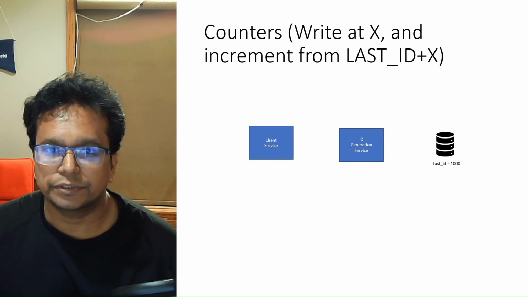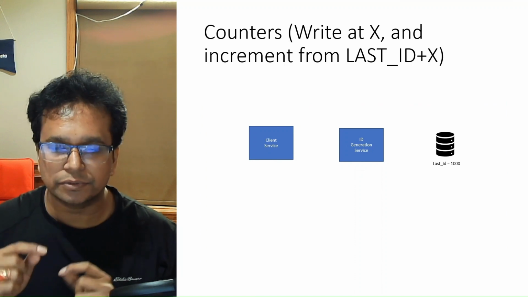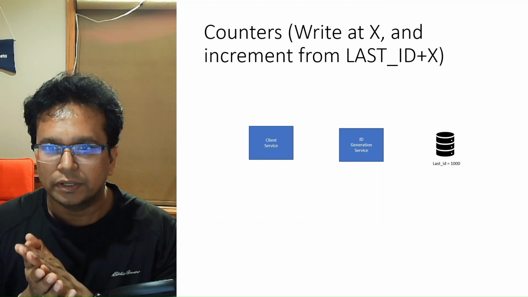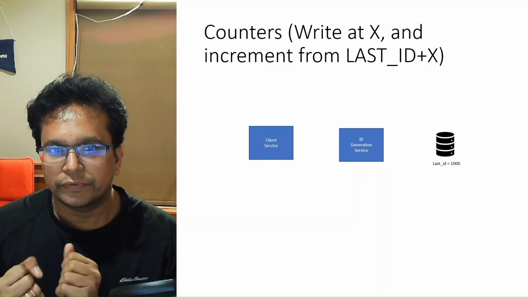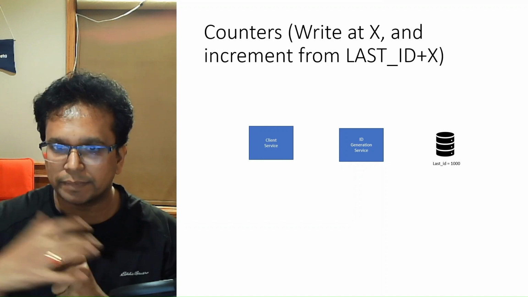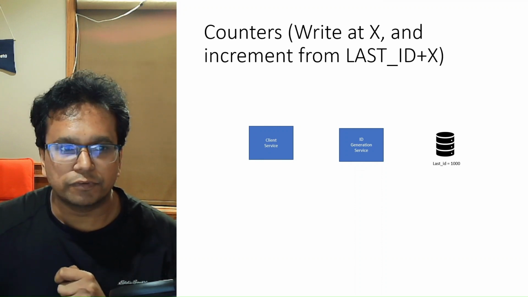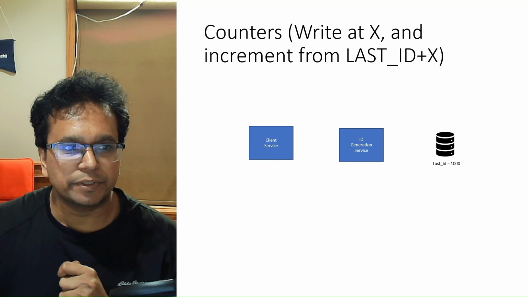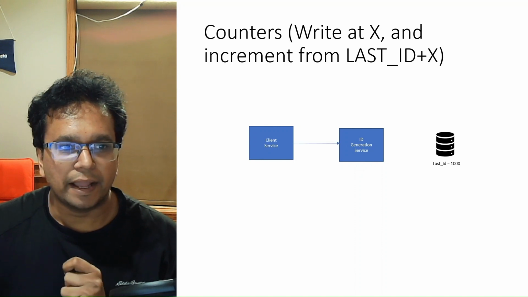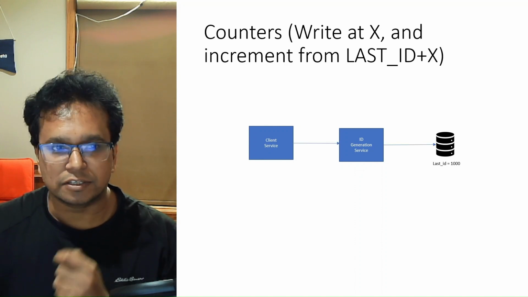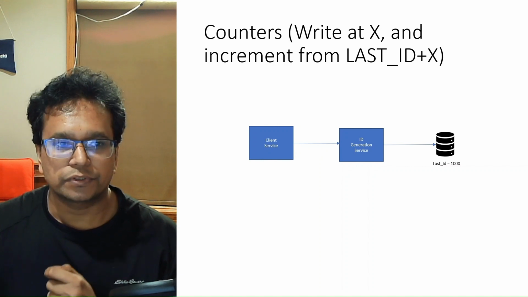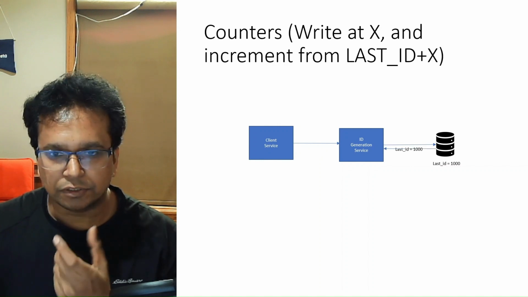An effective solution to avoid generating duplicate IDs is to set the base counter value to the last ID plus X when reading the last ID from the database, where X is your incremental value. For example, suppose a request comes in and the ID generation service reads the last ID from the database, which is 1000.